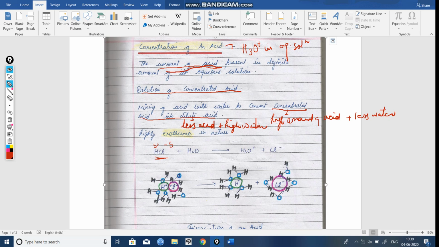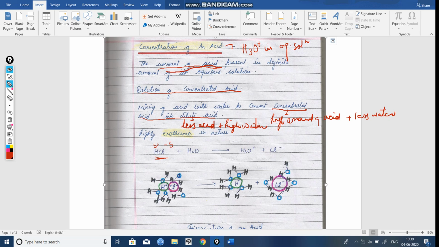Eventually, the force of attraction towards water separates the HCl into H ion and chloride ion.